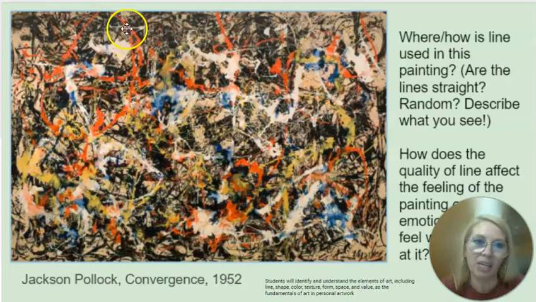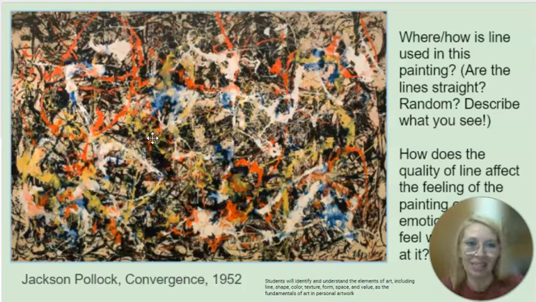Sometimes that helps me, like I'm picking out an orange line right there just to trace it and find its shape. So how does the quality of the line affect the feeling of the painting or the emotion that you feel when you're looking at it? This is a Jackson Pollock, and typically we have some strong feelings about Jackson Pollock paintings.